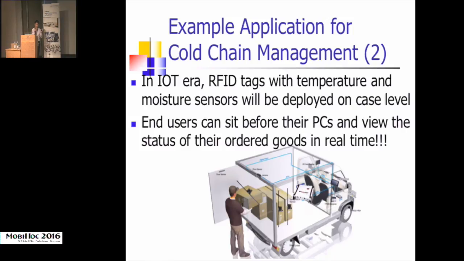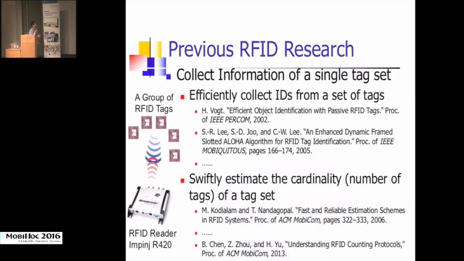As the previous panel discussion said, the key point to push IoT into practice is to reduce the cost of deploying these devices. Since tags do not have batteries, their deployment and usage costs can be reduced. That's why RFID systems have become quite popular these days. This is what's happening in the industry world.